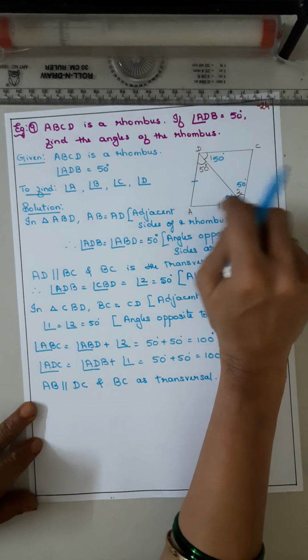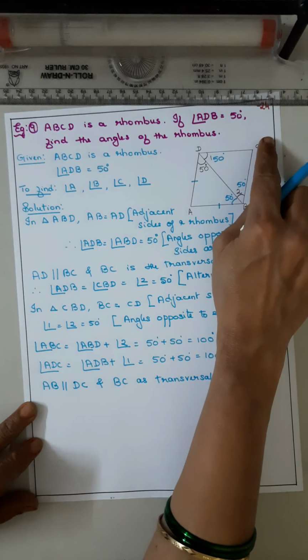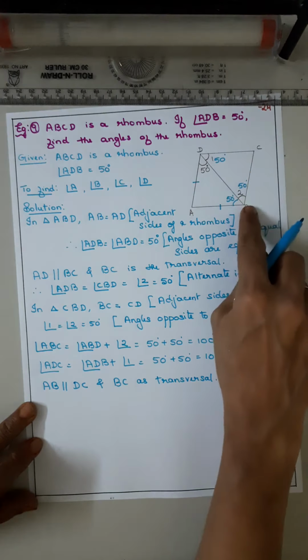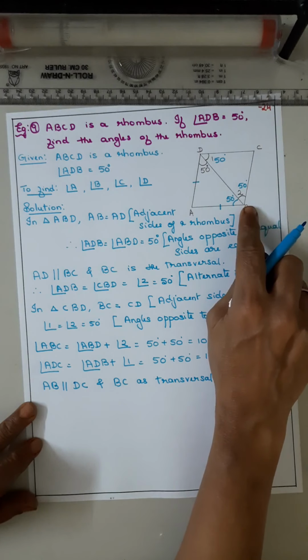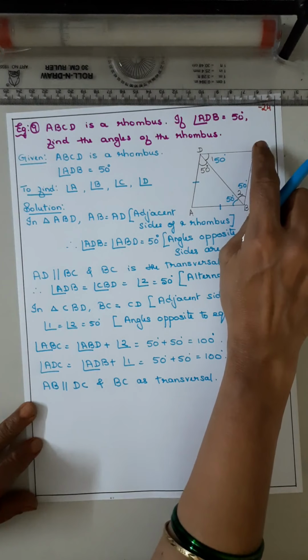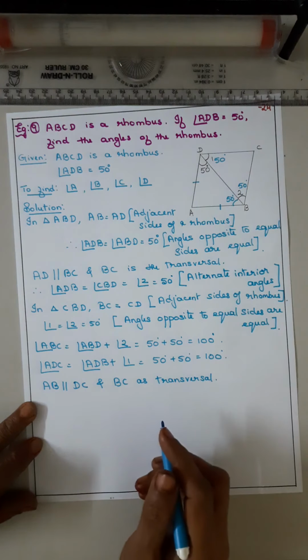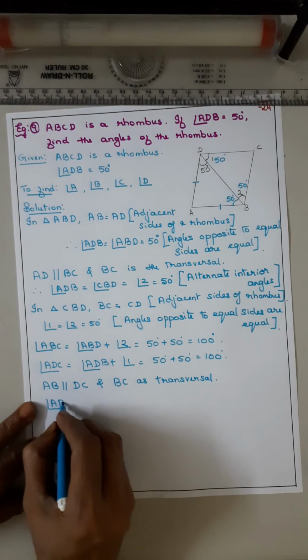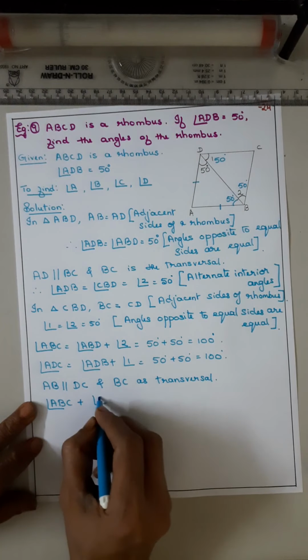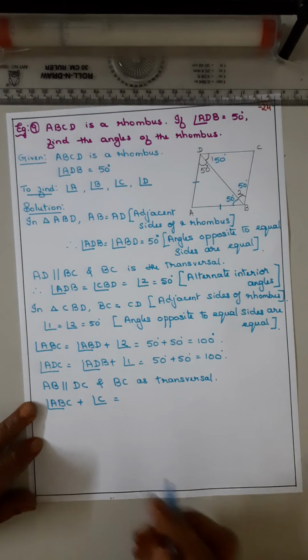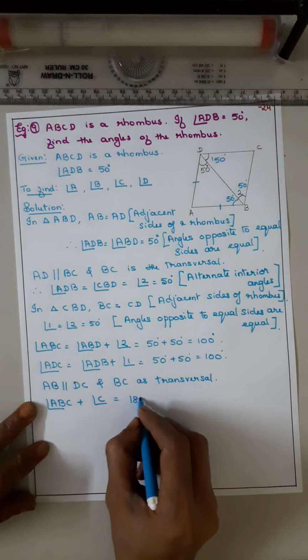So ABC, AB and CD and BC is the transversal, isn't it? So angle ABC plus angle C should be equal to how much? 180.